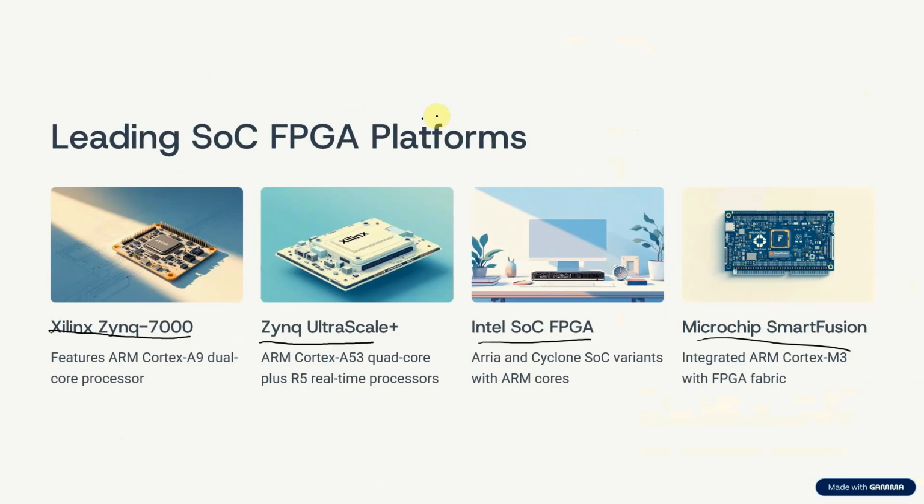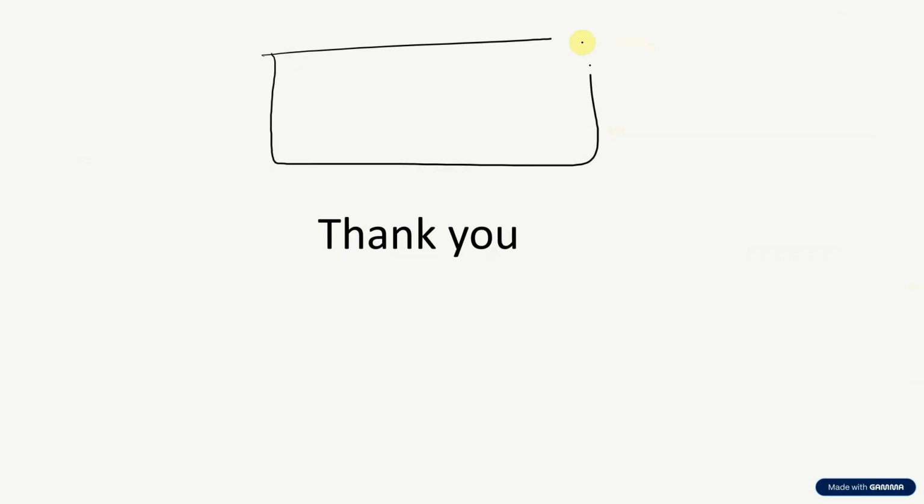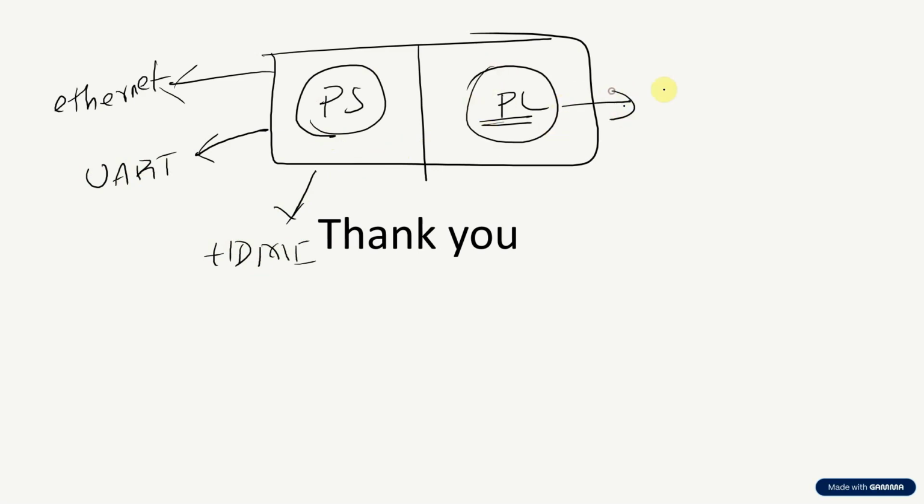For example, your peripherals. Let's say this is my FPGA chip, and this chip is going to have my processor and FPGA fabric. Normally, all the peripherals like Ethernet or UART, or HDMI, everything will be connected to your processor itself. Now let's say your fabric, whatever RTL code you have written, needs data from this UART.